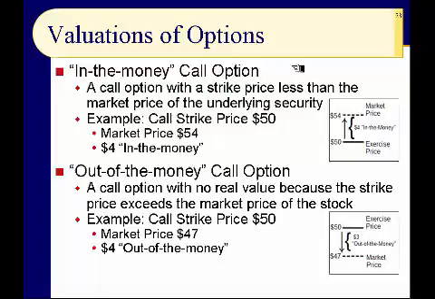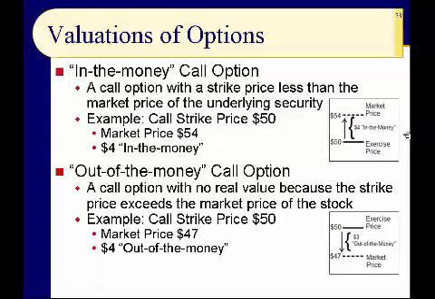An out-of-the-money call option is a call option with no real value because the strike price exceeds the market price of the stock. So let's take a look at the first example. This little graph should make sense. The strike price, the exercise price, is $50. If the market price is currently $54, our option is $4 in the money.